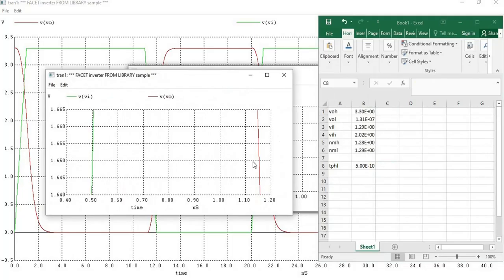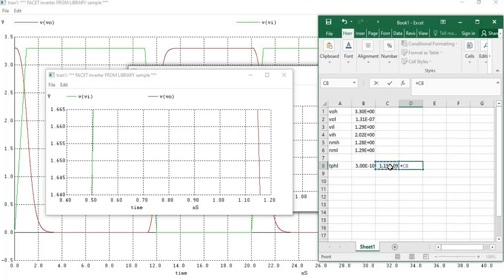At 1.65, around the middle, you can just type in approximately 1.15 e-9, 1.15 nano. So to get the value for TPHL, it is equal to this value minus the other.